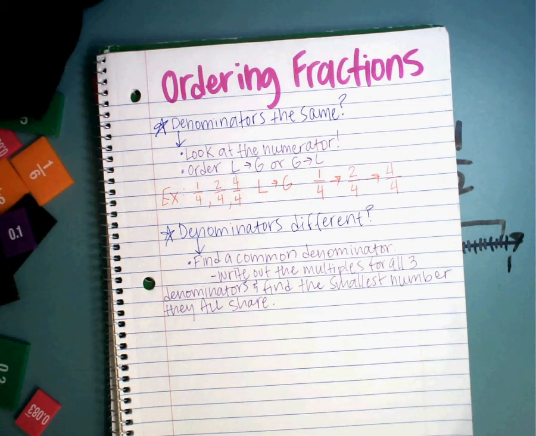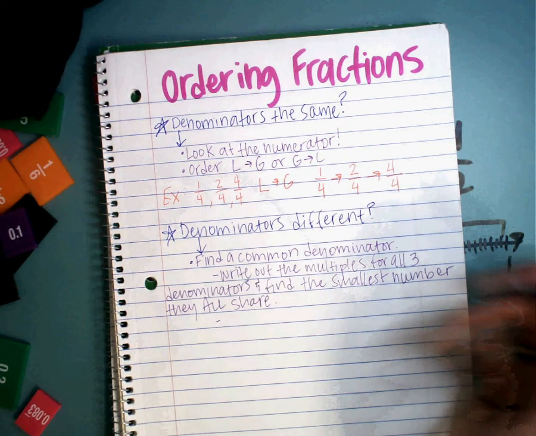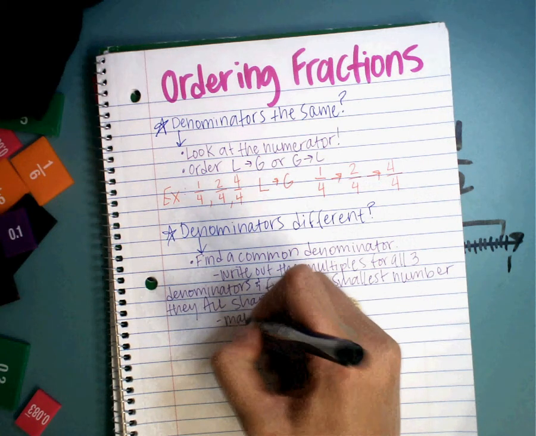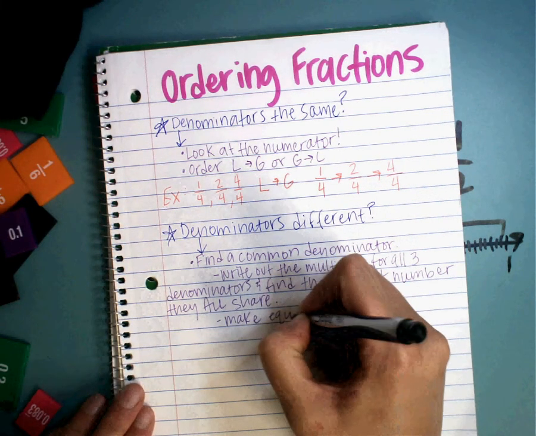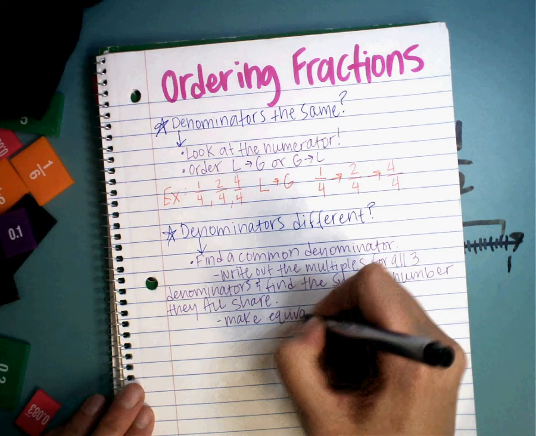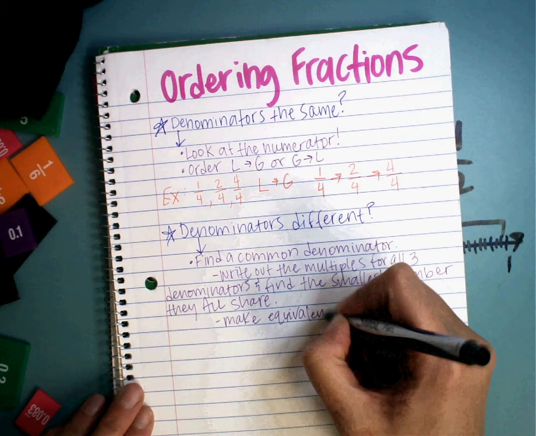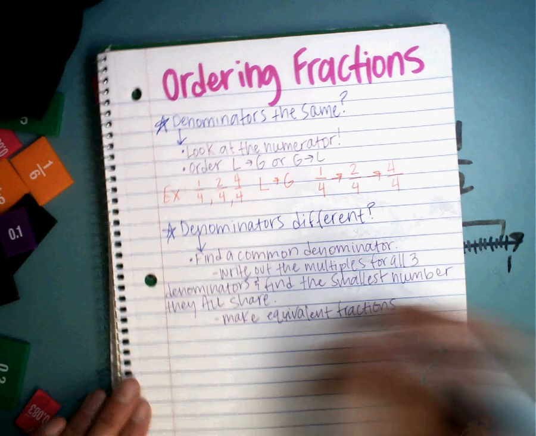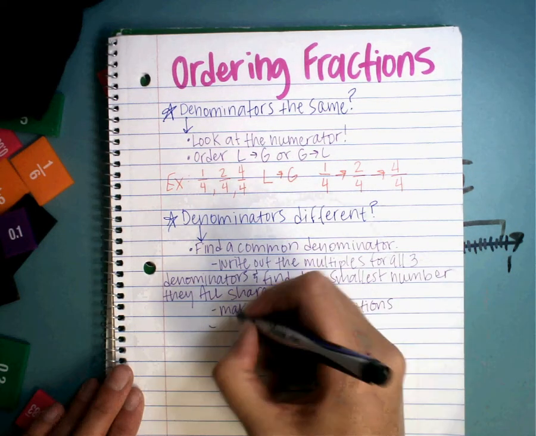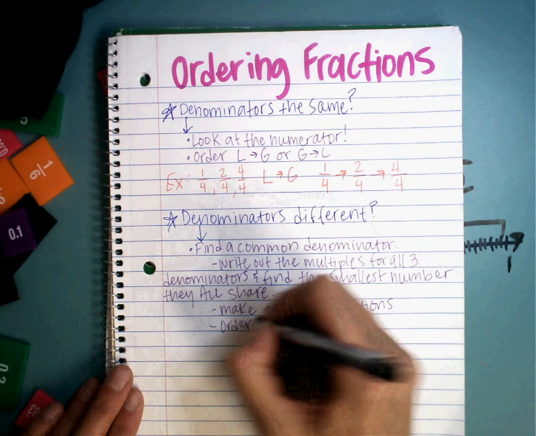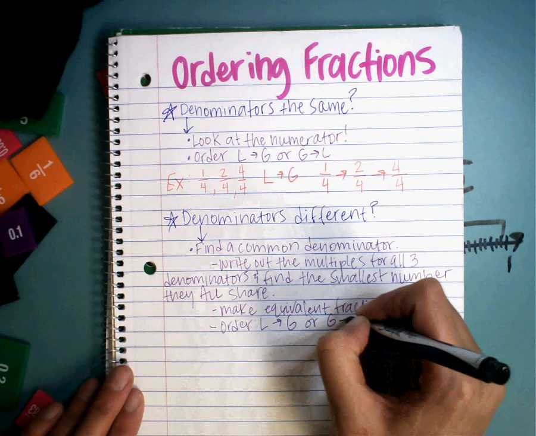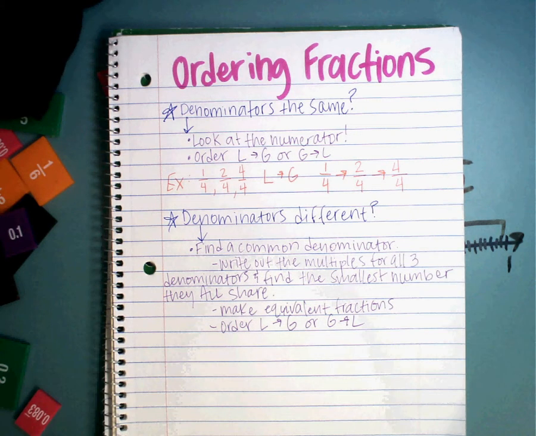Okay? That they all share. And then you're going to make equivalent fractions so that you can make them all have that denominator. Make equivalent fractions. And then order least to greatest or greatest to least.